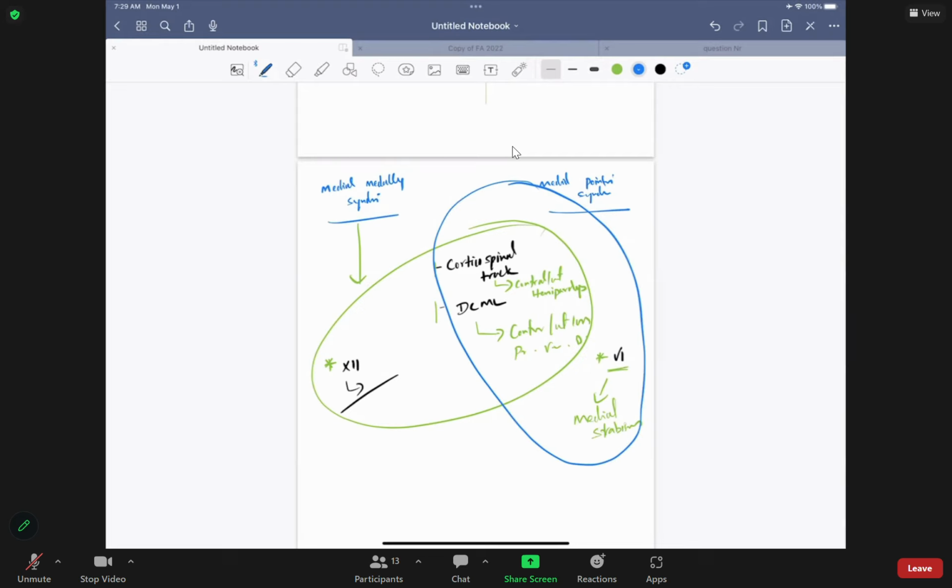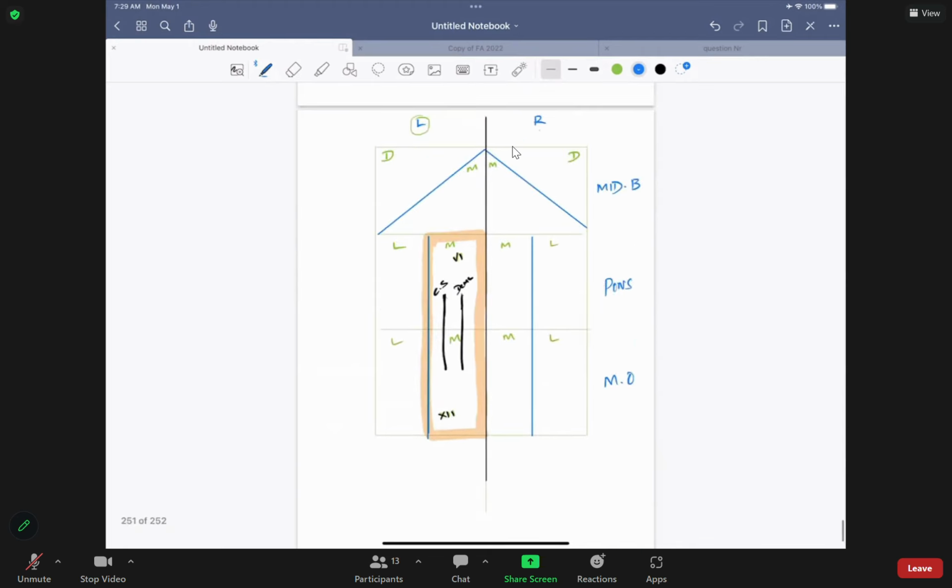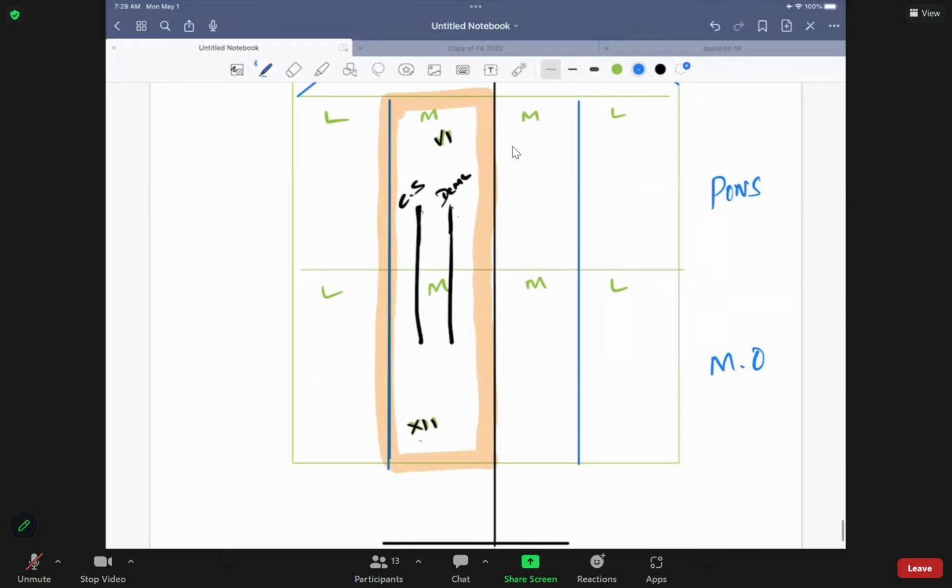You have to combine both. Is everybody clear, folks? So that's medial medullary and medial pontine. Did everybody understand this lesion, folks? These two? Okay, so now you know the name of the tract and you know the muscle, the cranial nerve, so you cannot go wrong.